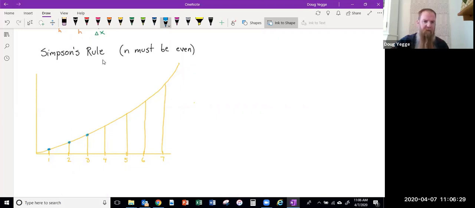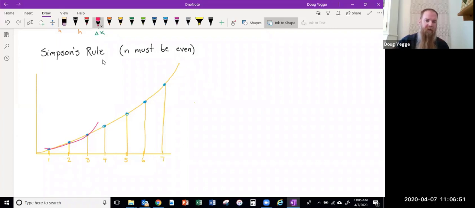What we're essentially doing now is creating quadratics or parabolas that go through each of these points. But notice that it has to be going through 3 points.